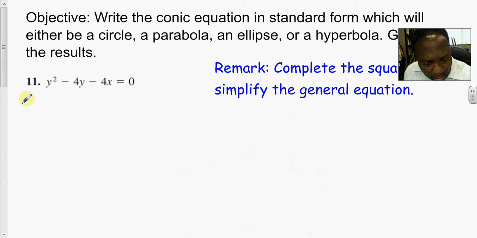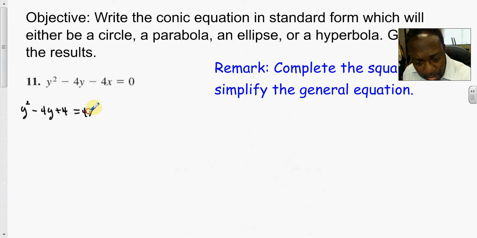So we're going to get the like terms together. Well, they are together here in that sense. So this is y squared minus 4y. I'm going to complete the square on y because y is squared. Take half of negative 4, we get negative 2. We square it, we get 4. So we're going to add a 4 to both sides of the equation. Let's go ahead and add the 4x on both sides.